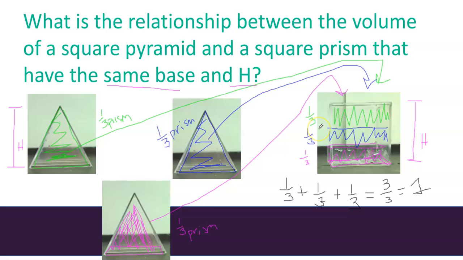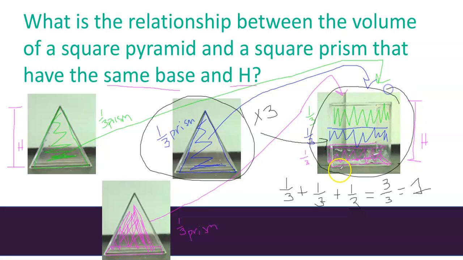So I need you to understand the fact that if I take one of these pyramids and I multiply it by a factor of 3, I'm going to get the volume of the prism. Alternatively, if I take this prism and I divide it by 3, then I will get the volume of the pyramid.